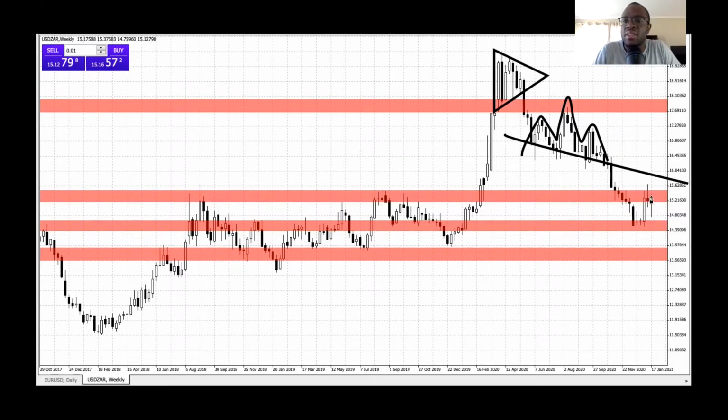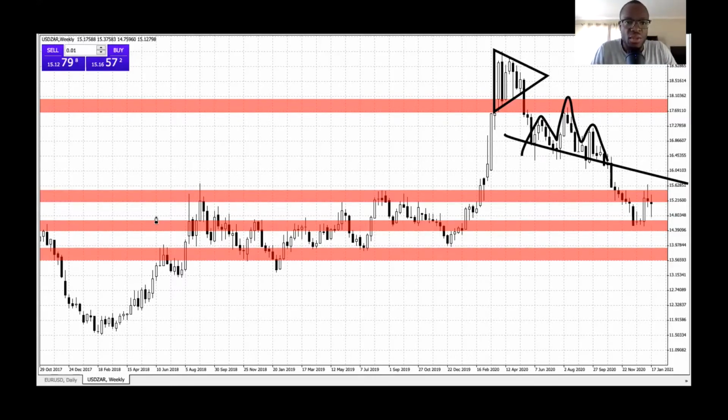Or the price, upon establishing a higher low here, will break this 15.21600 as it would have not held as a resistance zone, and then move all the way up to break even the neckline region, and continue moving up, establishing a new bullish trend in a series of higher highs and higher lows. So these are the movements that I'm expecting on the USDZAR.